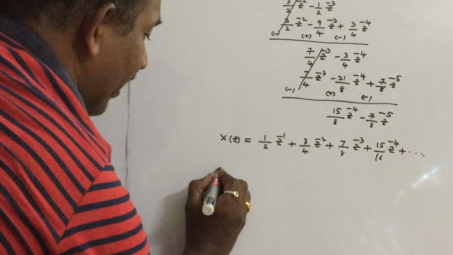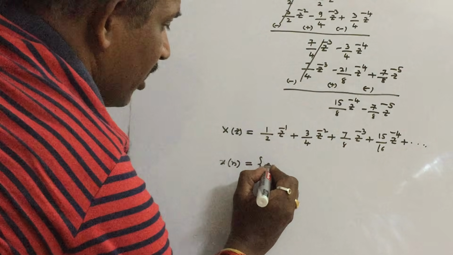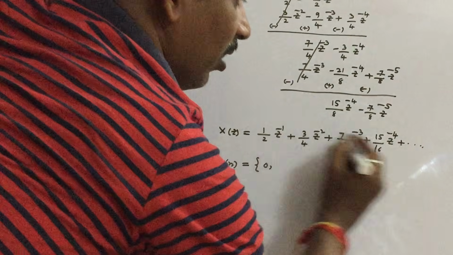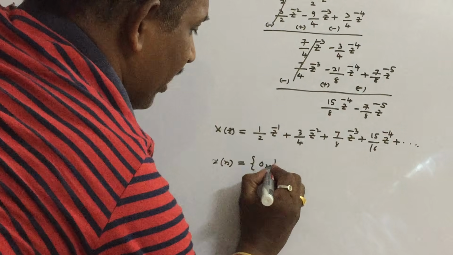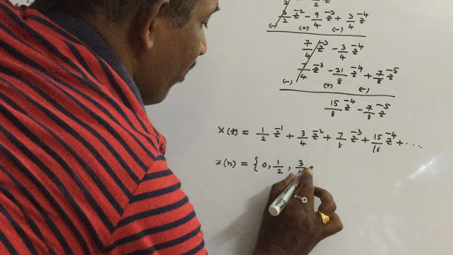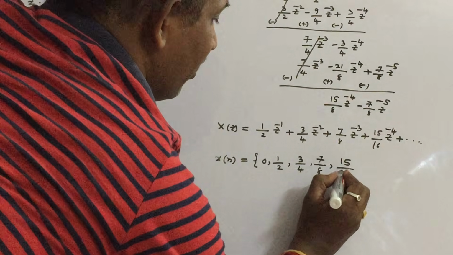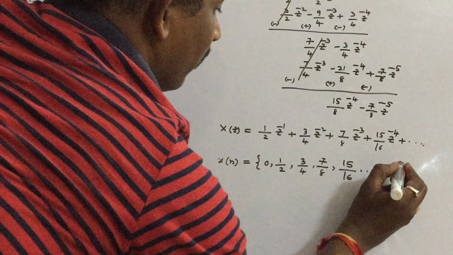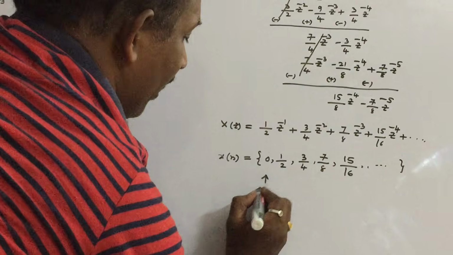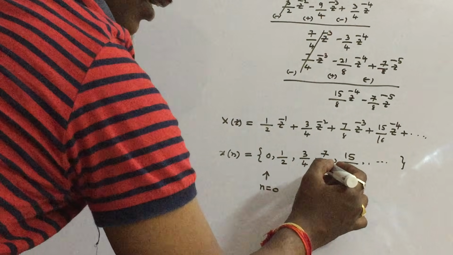So therefore by taking inverse z transform, because there is no constant, it is 0, because all the negative powers are there. So therefore first write 0, 1 by 2, 3 by 4, 7 by 8, 15 by 16, and so on. So keep the arrow here and place n is equal to 0. You can see that it is a causal sequence or right-sided sequence.